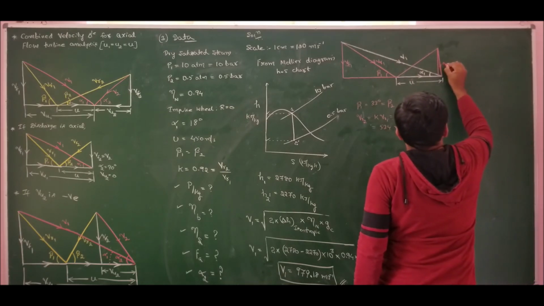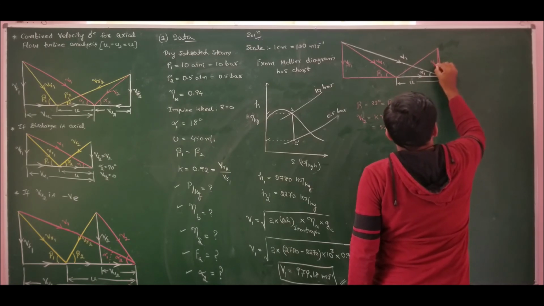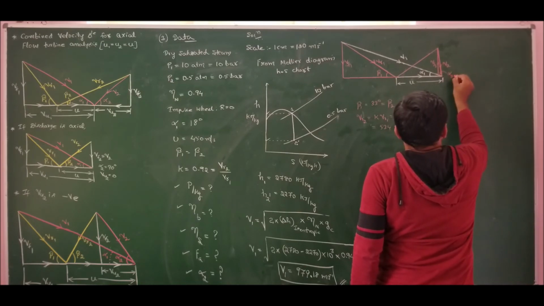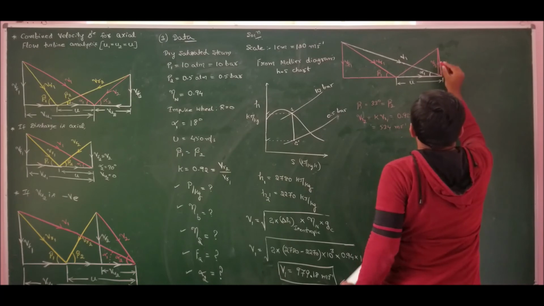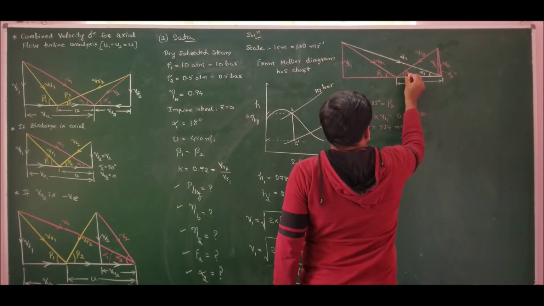So this is V2 and this is Vf2. Now measure alpha 2. And here we have beta 2.